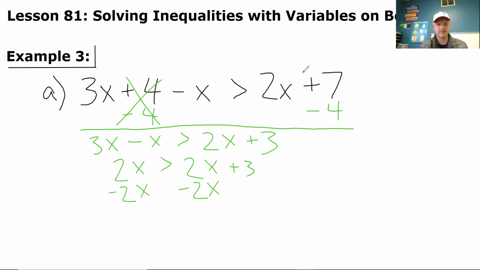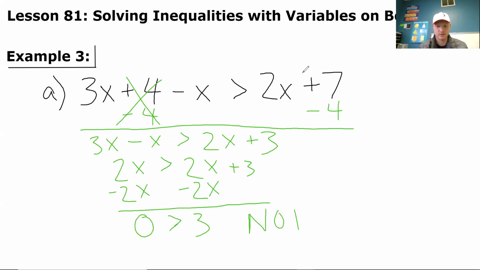My x's disappear. My positive 2x minus 2x is going to be 0. So 0 is greater than positive 3. Is that true? No, it is not.